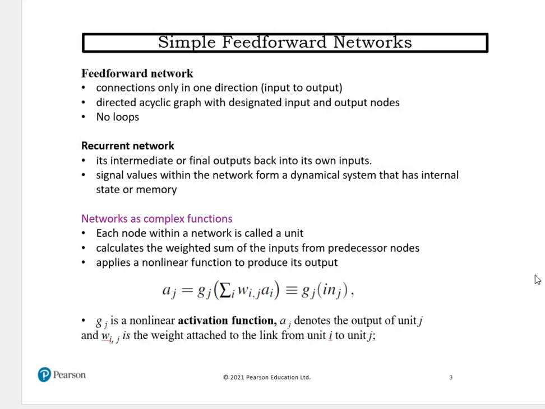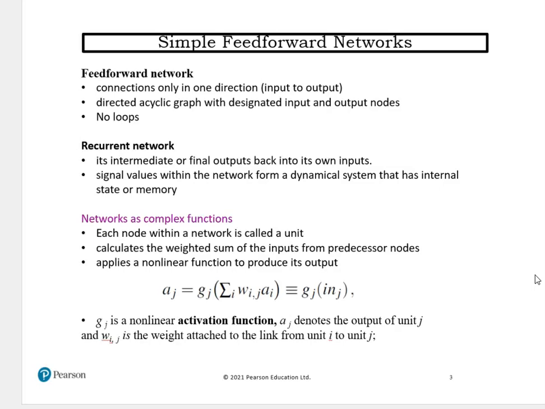So for example, if we let Aj be the output of unit J, and Wij be the weight attached to the link from unit I to unit J, then Aj, the output from that unit, is going to be some nonlinear function Gj, which we call the nonlinear activation function of unit J, applied to the weighted sum of all the inputs Ai from the previous layer.